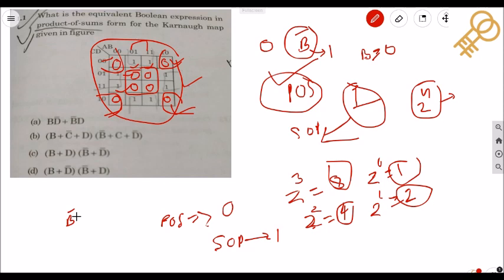right? And then this is a POS form, so we'll add and consider the row element. Now you see this and this will nullify, and there will be again 1 1, that is D complement, so we'll take D complement. Again one combination is still there, so we have to form the expression for that also.